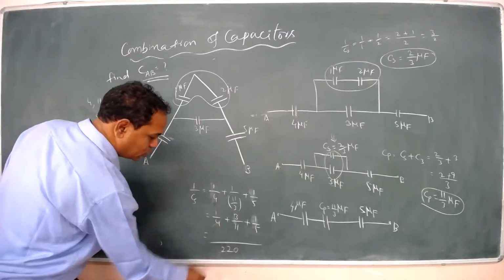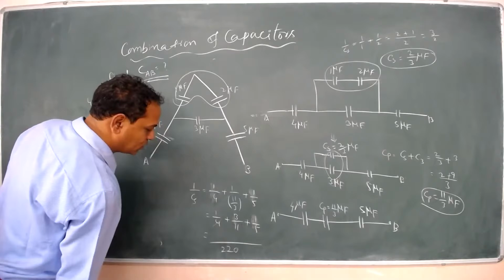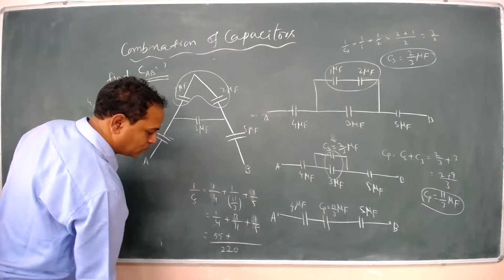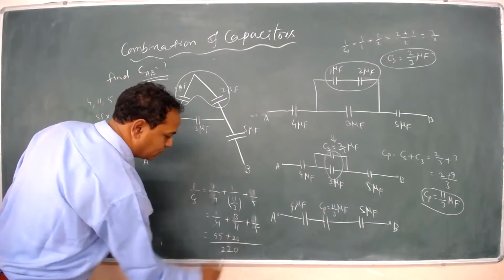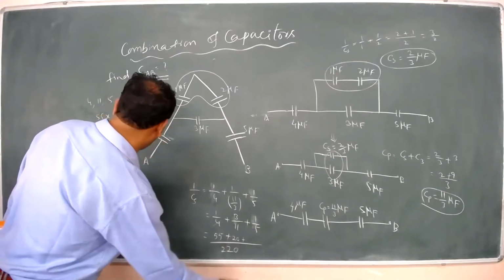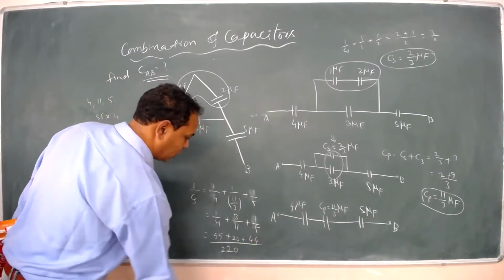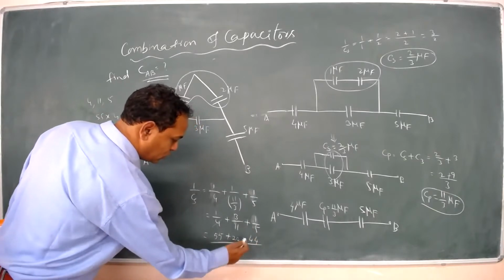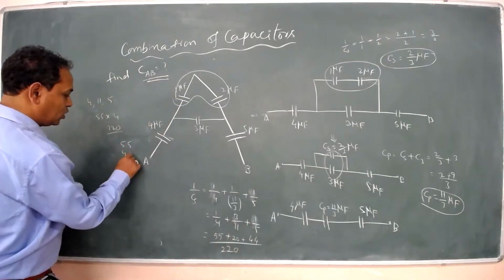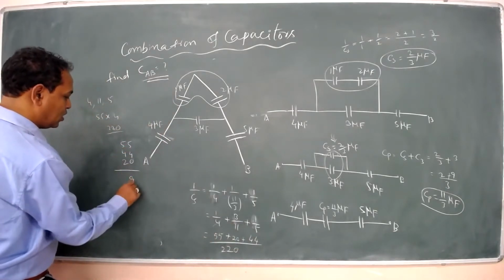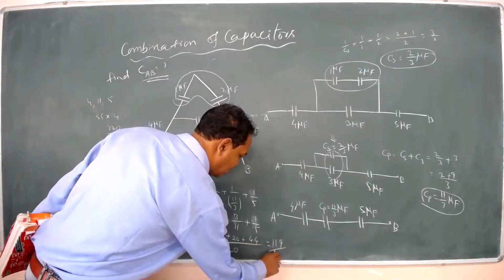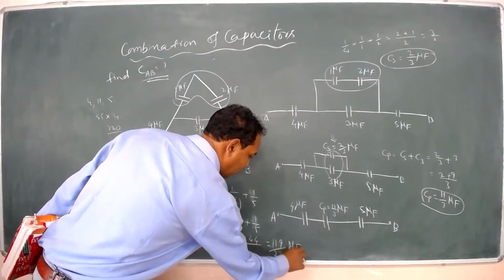This will be cancelled 55 times, 20 times, and 44 times for the respective terms. Adding 55, 44 and 20, that means 119. So 119 by 220 microfarad.